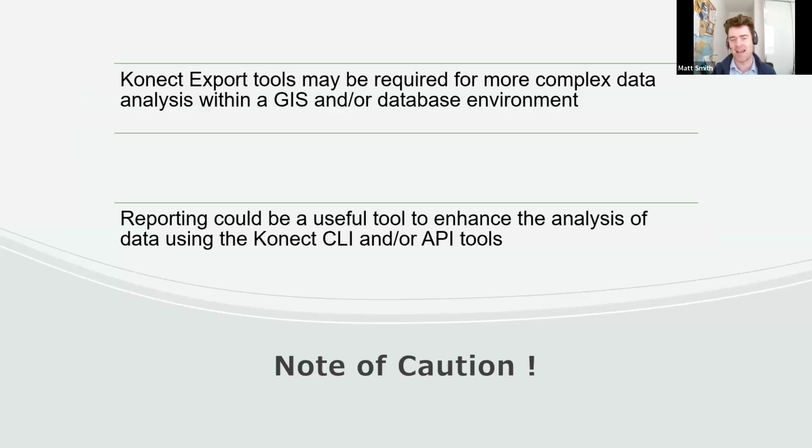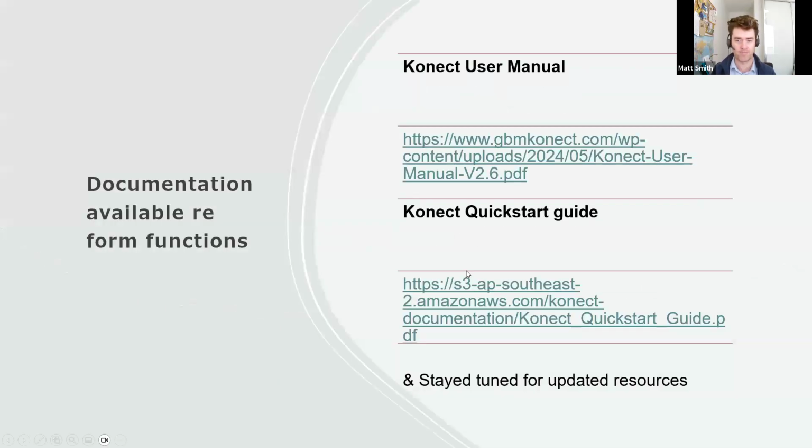And if you need to enhance the analysis of data and reporting, using the CLI and API tools, or a combination of the two, is actually the recommended option for searching your data. We will touch on this functionality of the product in future webinars.